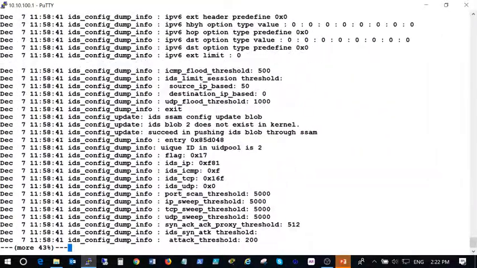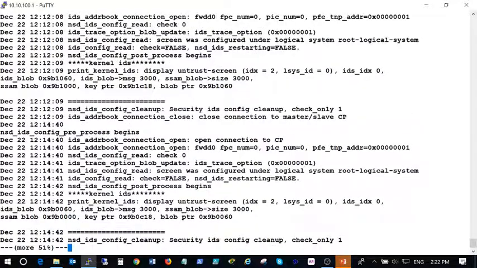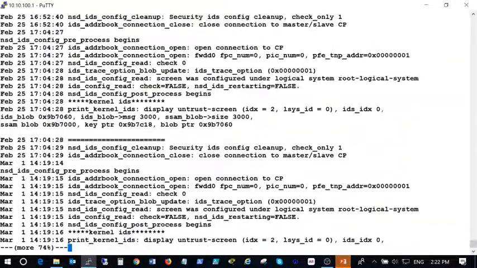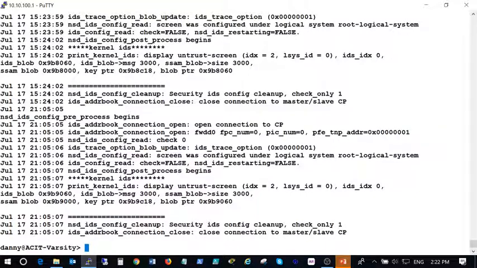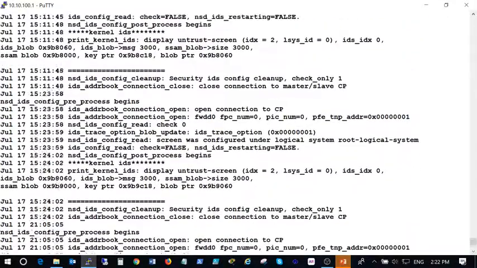Quite a lot of information in there. We have to be looking for something specific, really.